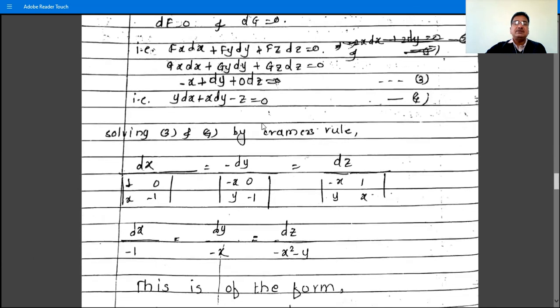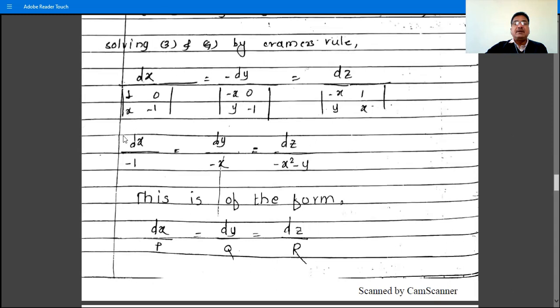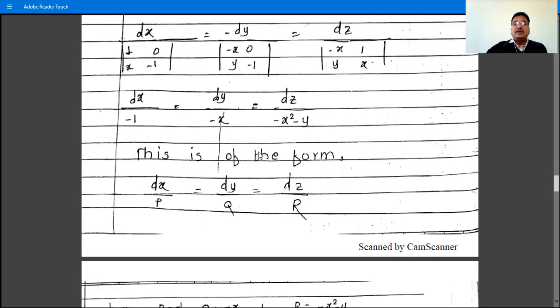Solving these 3 and 4 by using Cramer's rule, dx divided by the determinant (1, 0; x, −1), dy divided by (−x, 0; y, −1), and dz divided by (−x, 1; y, x). The determinant values are −1, −x, and −x² − y.